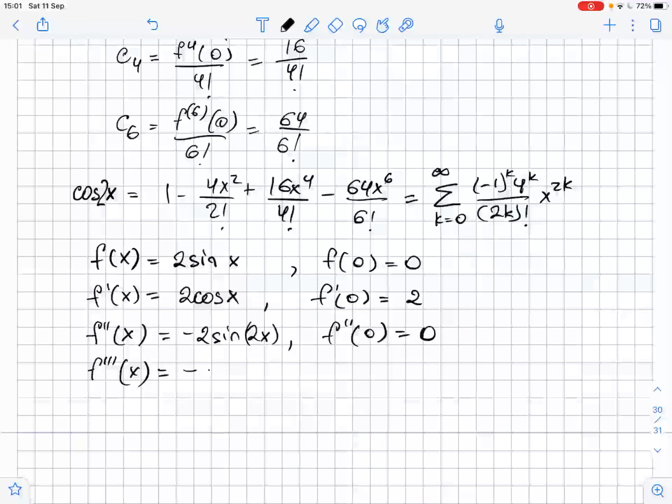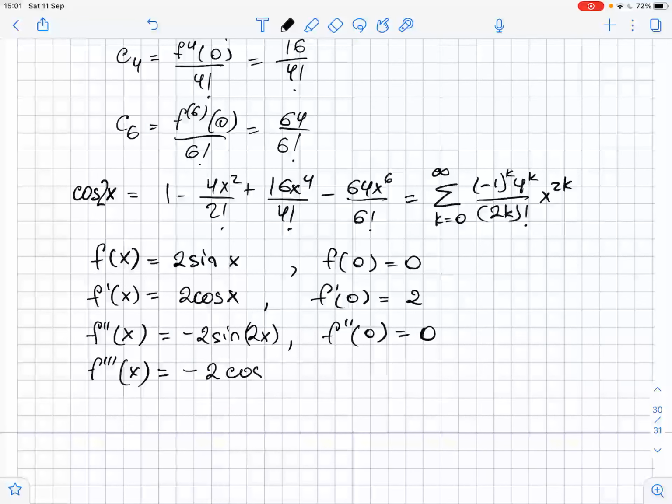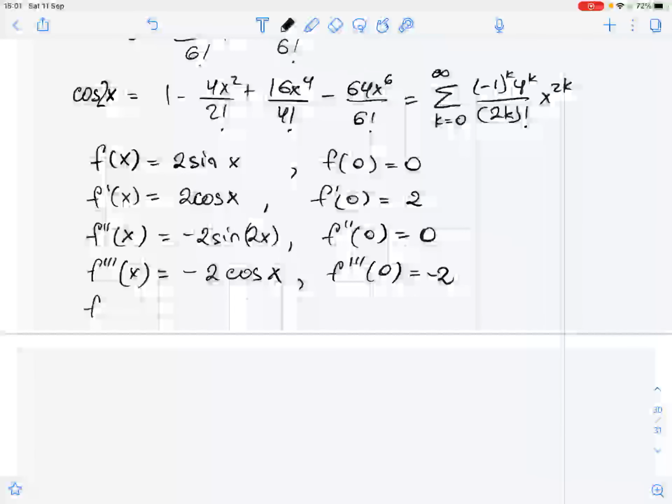The third order derivative of f(x) equals -2 cosine of x. And then the third order derivative at 0 equals -2.